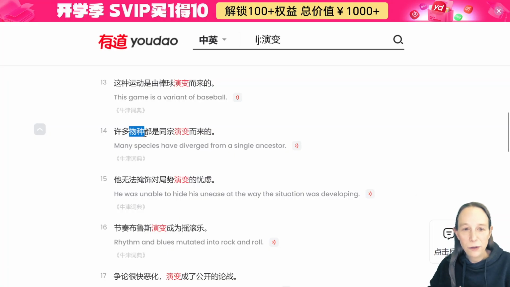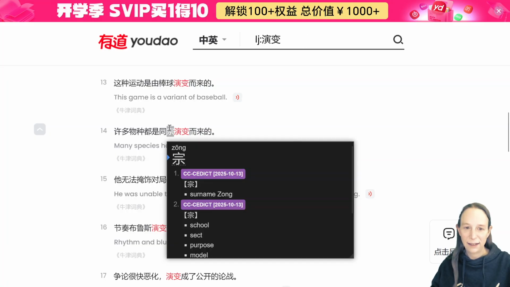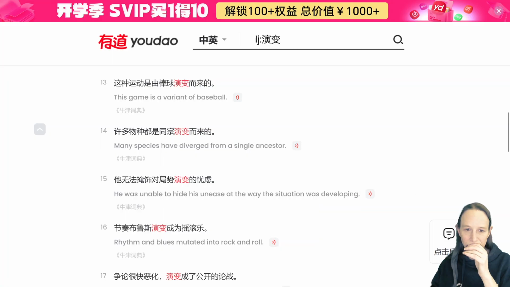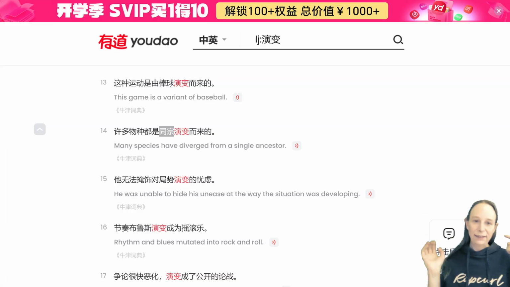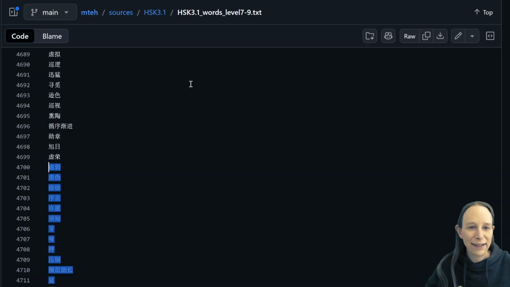Let's have a look. 许多物种 is species, 物种. 许多物种都是同宗演变而来的. So 同宗 would be common ancestor, right? 同宗, maybe that should be added to the dictionary. One second, I will make some notes. Yeah, I haven't been focused on editing the dictionary, but all right.